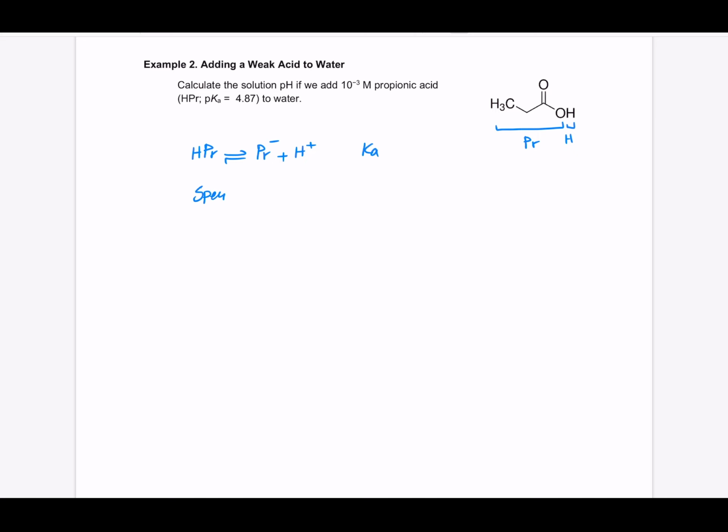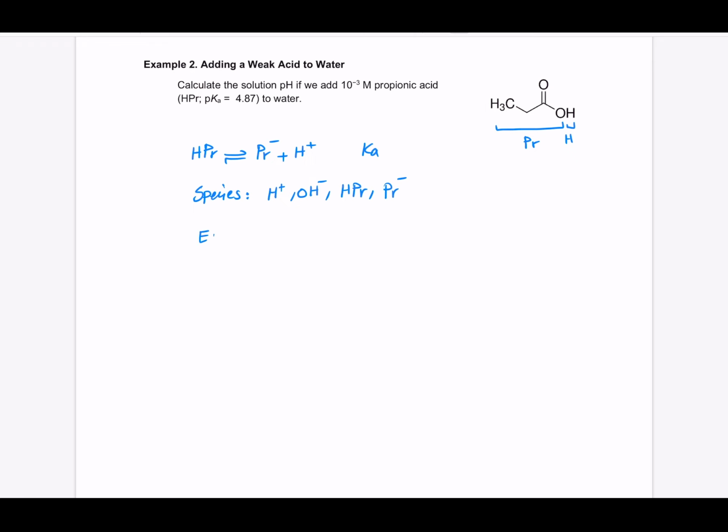So what are the species here, besides H plus and OH minus? Yep, HPR and PR minus. If you remember HCl, the concentration was almost zero, but here we're expecting a non-zero value for HPR because it doesn't fully dissociate.